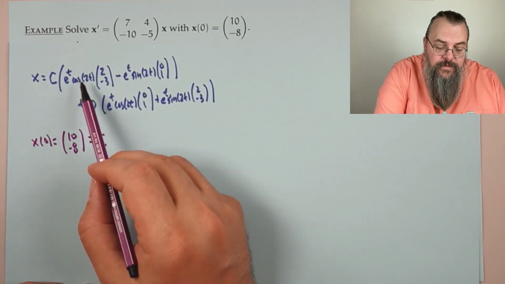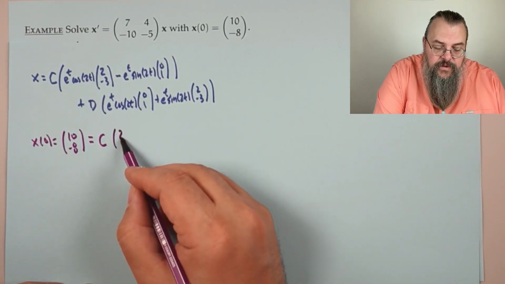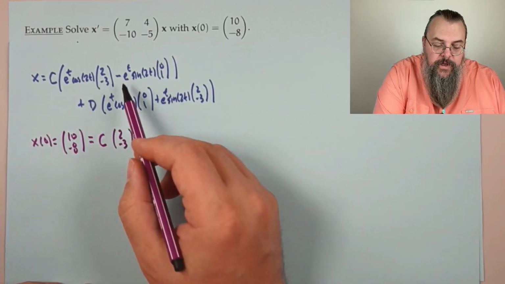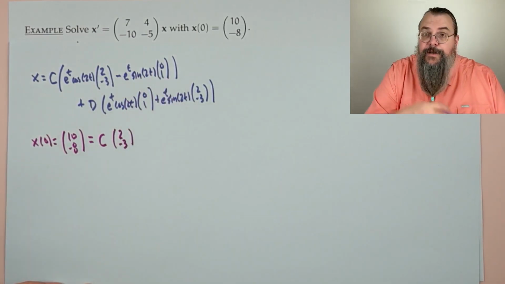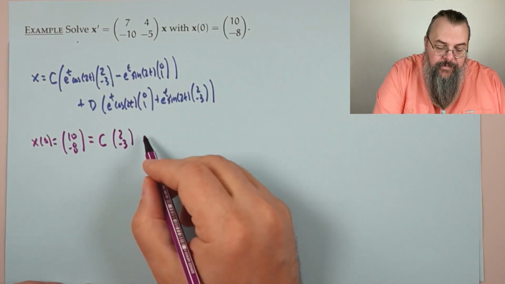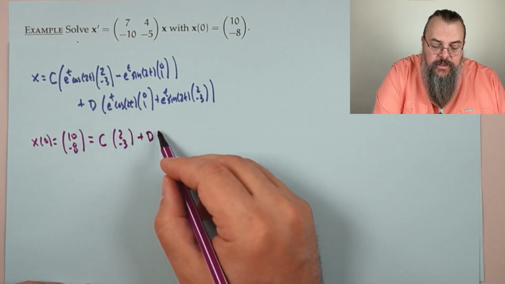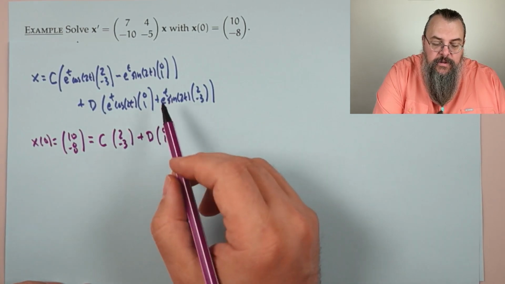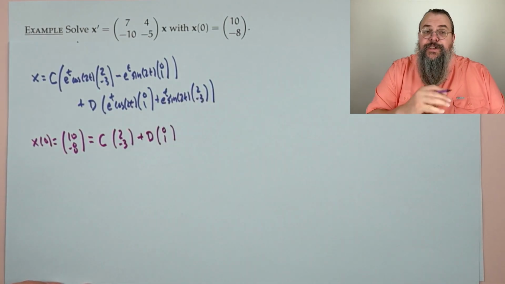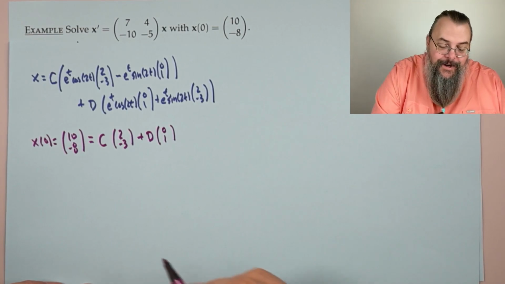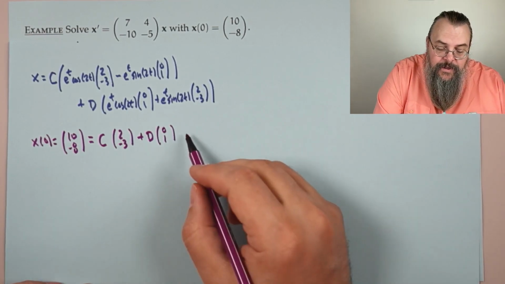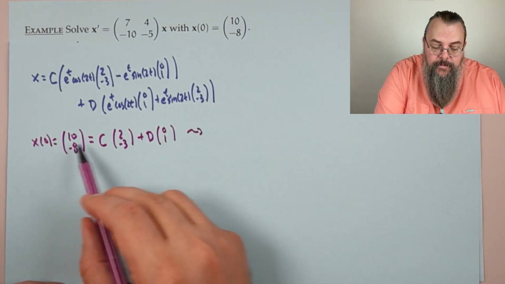So you have 1 times (2, -3). 1 times 0 times (0, 1) goes away. Plus d, 1 times (0, 1). And then 1 times 0 times (2, -3) goes away. All right, so that leaves us with the following equations, right?